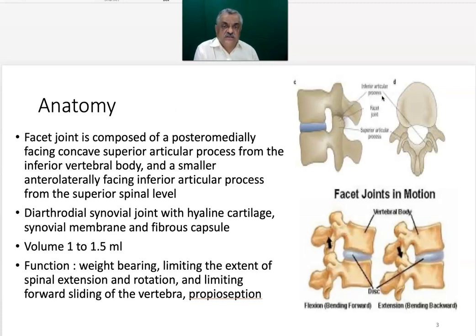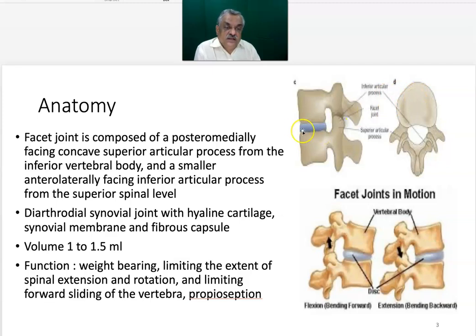The facet joint is composed of a posteromedially facing concave superior articular process and a smaller anterolaterally facing inferior articular process. The inferior articular process is from the superior vertebra, the superior articular process is from the inferior vertebra.